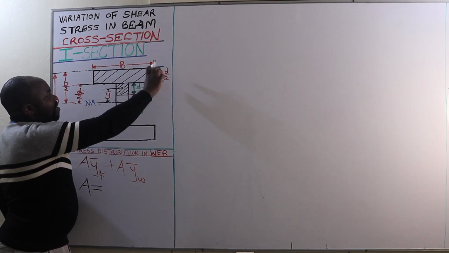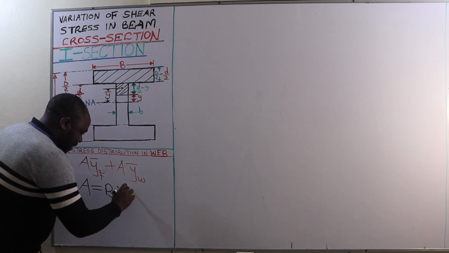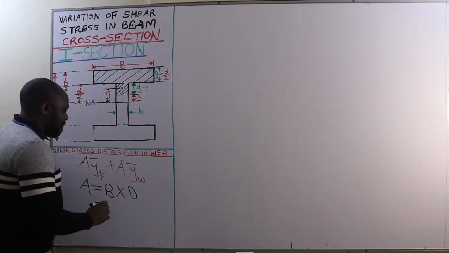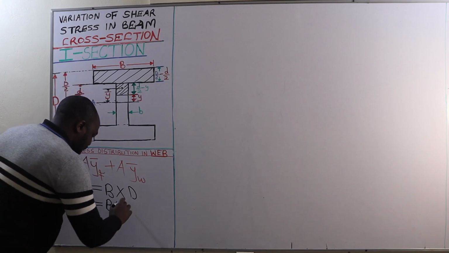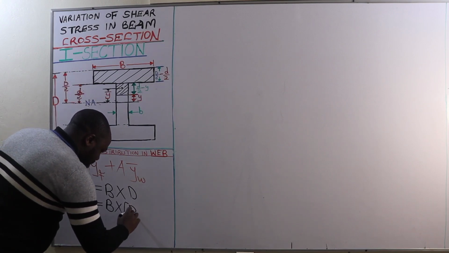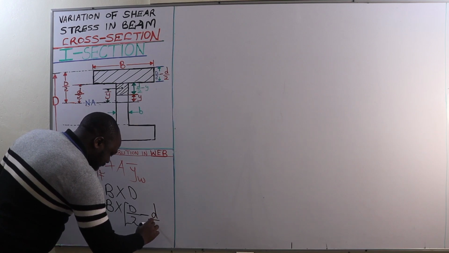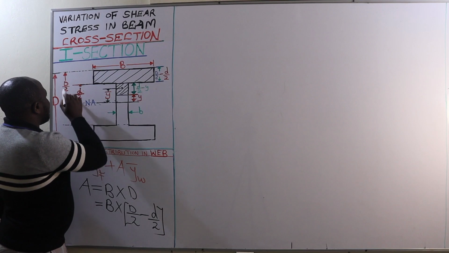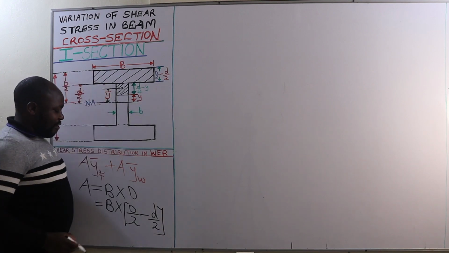The area of the flange in this case will be given by breadth times its depth, whereby the breadth of the flange is b and its depth is going to be D over 2 minus d over 2. That is D over 2 minus d over 2, we get the depth of the flange.